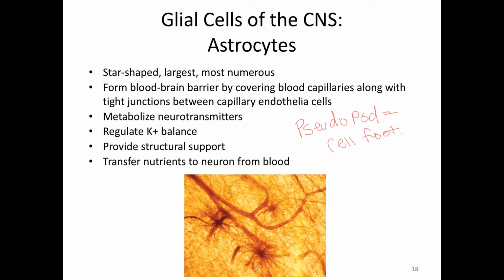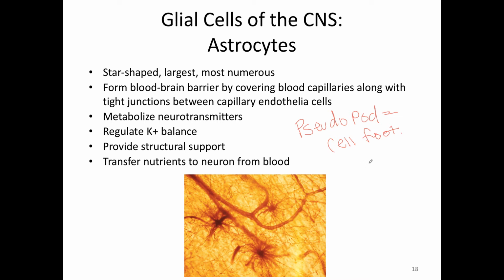These guys reach out their little cell feet and they wrap around blood capillaries to provide an additional layer so that what comes out of the blood in the blood capillaries in the brain is very tightly controlled. And that helps prevent pathogens and toxins from having access to and damaging your brain tissue.